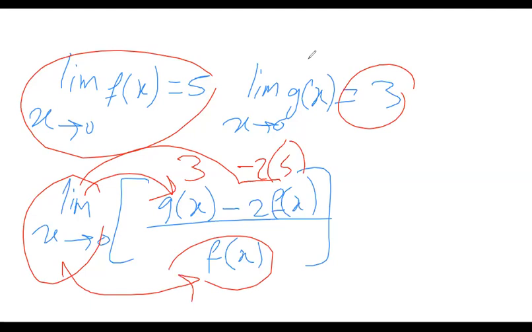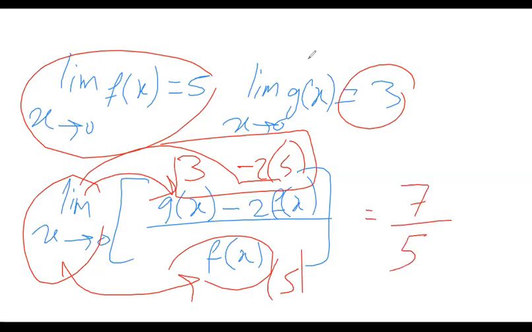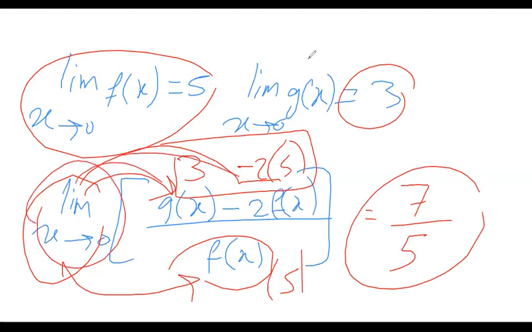So we have 3 minus 10, which is minus 7, over 5. So the final answer is minus 7 over 5. And that's it. This idea is just to explain that limits can be distributed.